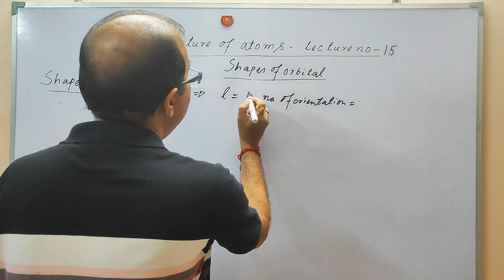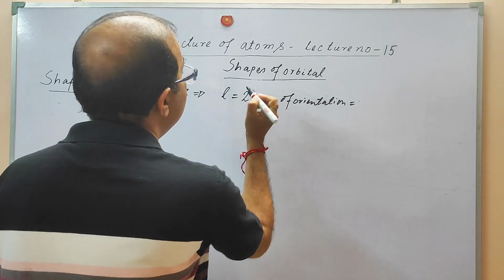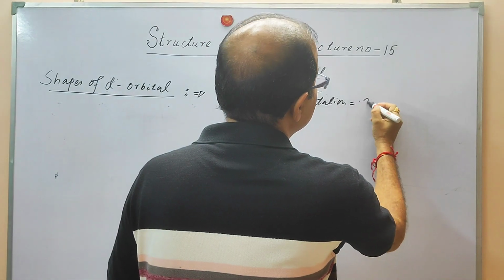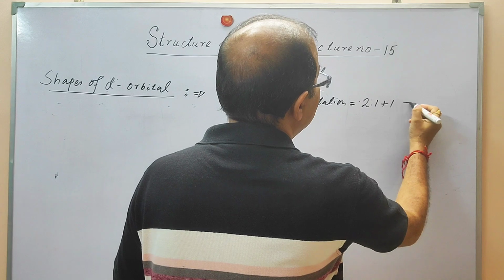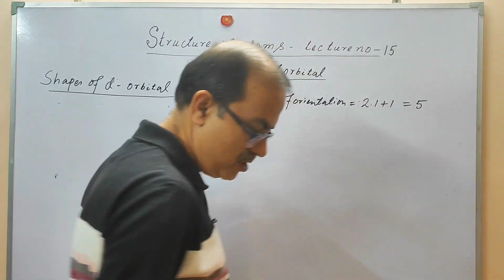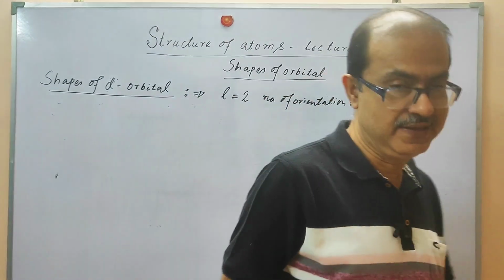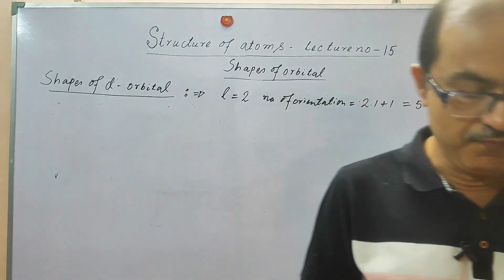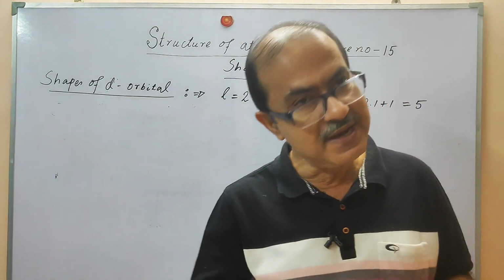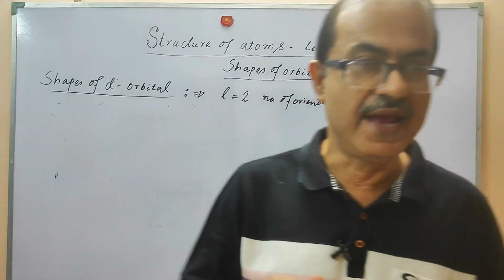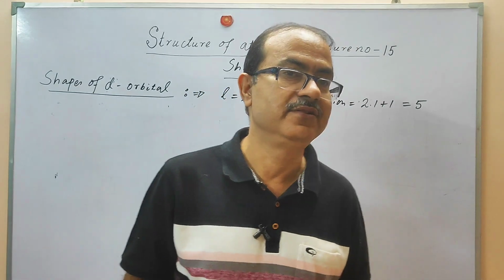For the d orbital, we know the azimuthal quantum number is 2, and it will have the orientations 2 into 2 plus 1, that is 5. So there will be 5 orbitals, and among them 4 orbitals have a similar shape, and another orbital has a different shape.